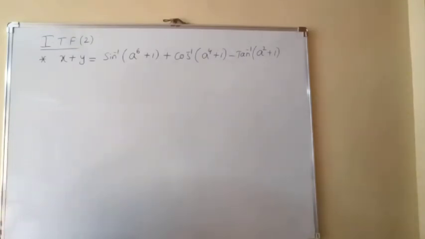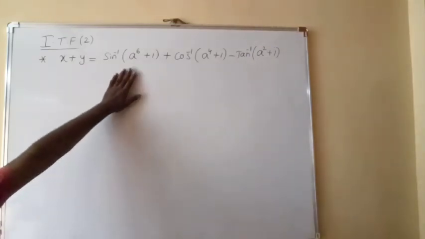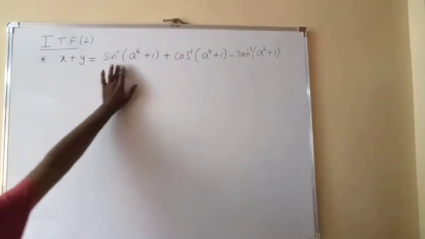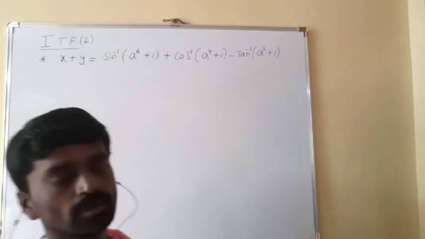The image of ax plus by is equal to c with respect to the x-axis is ax minus by is equal to c. With respect to the y-axis, you'll get minus ax plus by is equal to c; replace x by minus x. But here we have to find the image with respect to the x-axis.